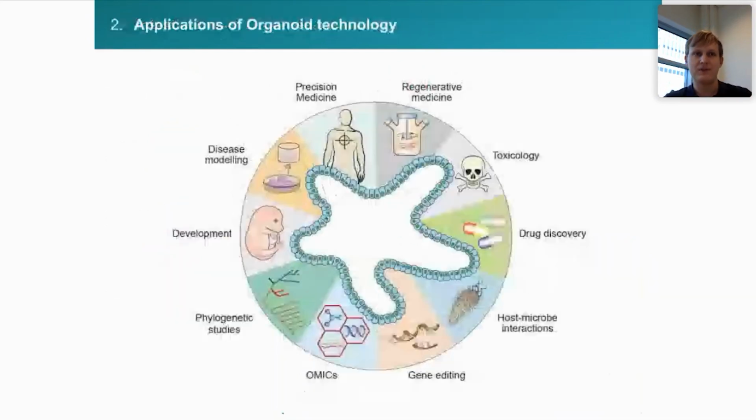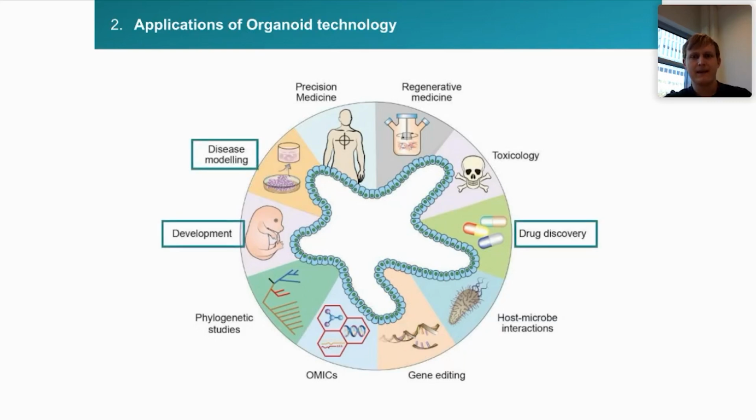And that, of course, opens a wide avenue for all kinds of experiments that were basically not possible before the development of organoids. So they provide new prospects, for example, for regenerative medicine, for drug development and therapy, but also for basic research and developmental biology. And I want to focus basically on three different aspects.